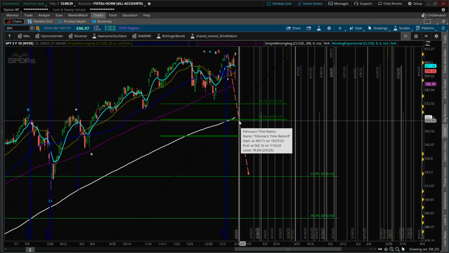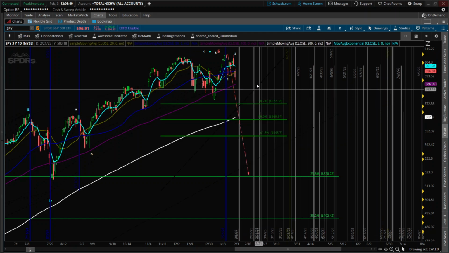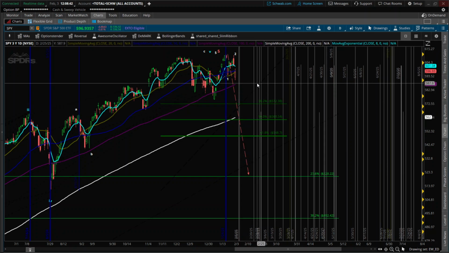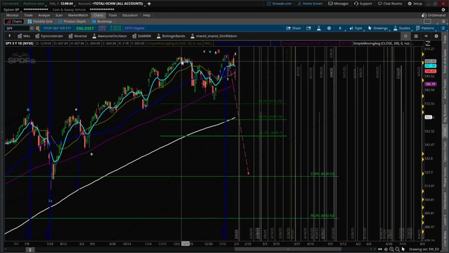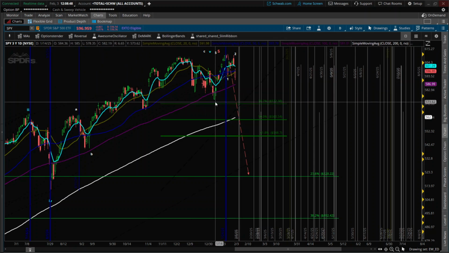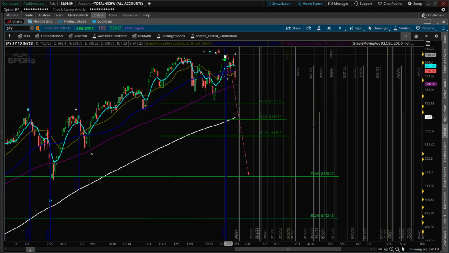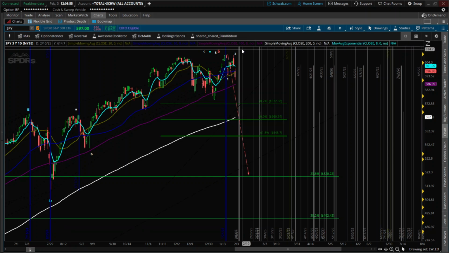So I think this is going to be the very important area where we neutralize our positions and look for a bigger rip-your-face-off rally, because I think the market right now is looking at this as a 1 and then a 2 pullback and then 3, 4, 5 to the upside, right?